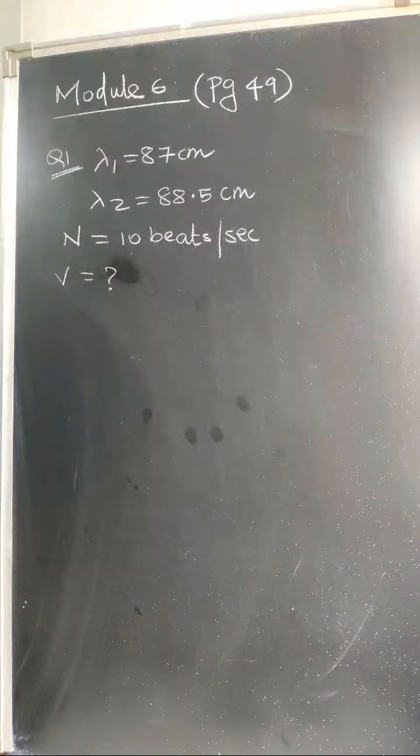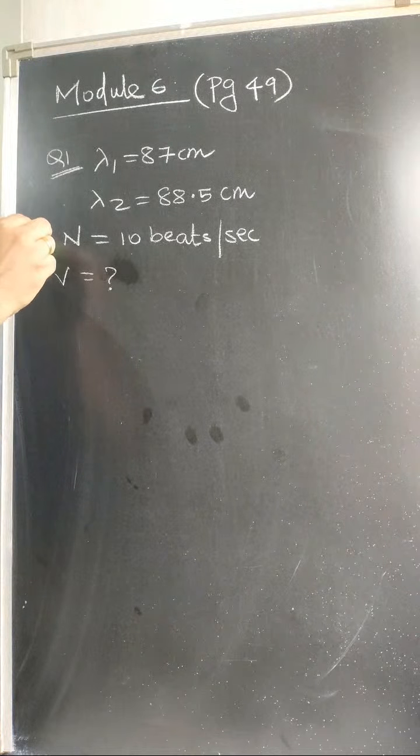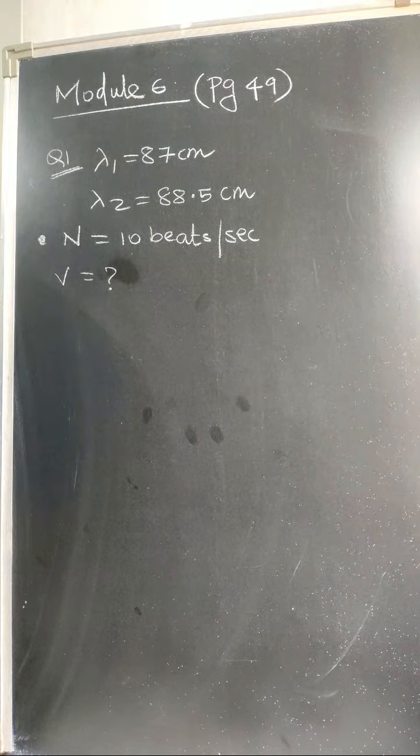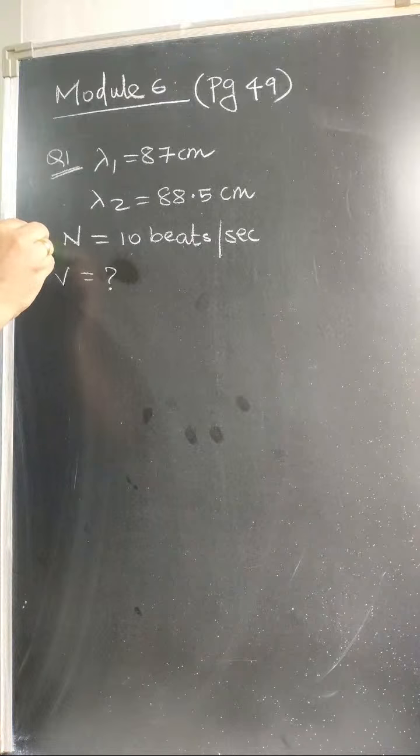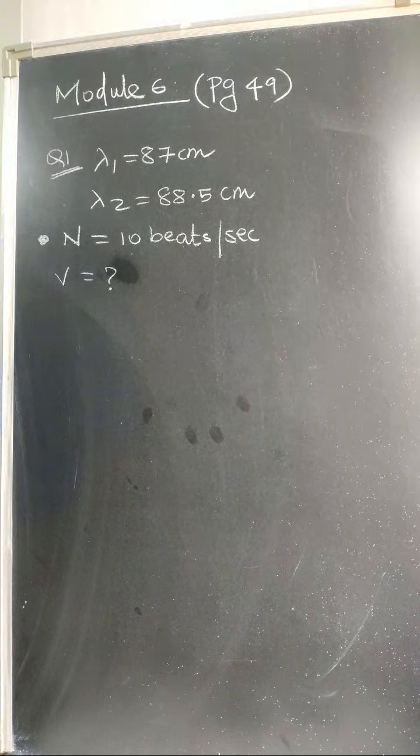See, in such questions, the first step is to understand the meaning of number of beats. Now, students, can we say one thing, that number of beats is nothing but difference of frequencies?